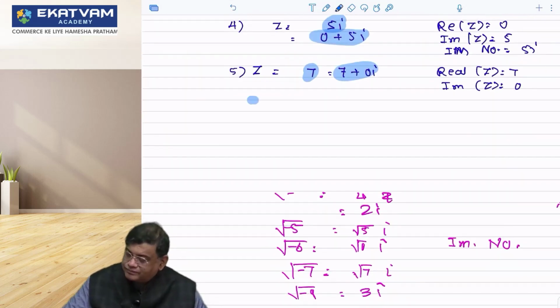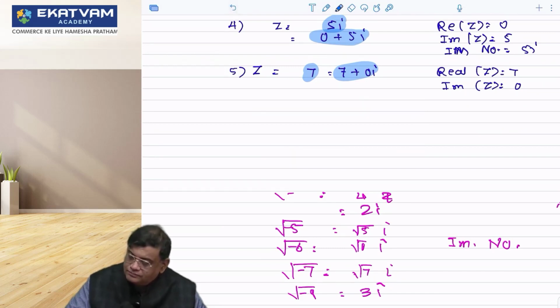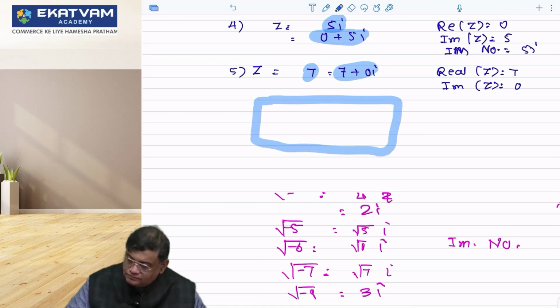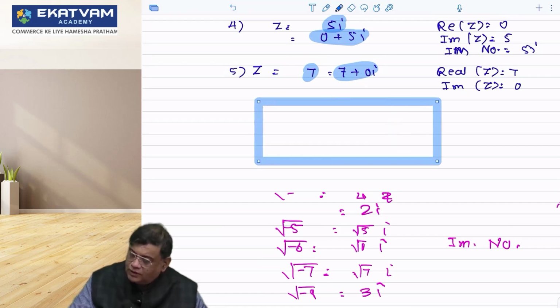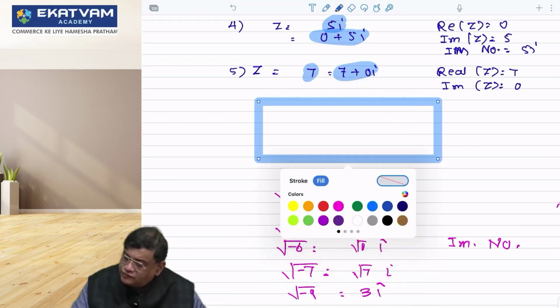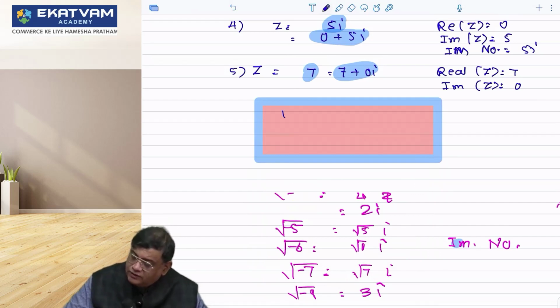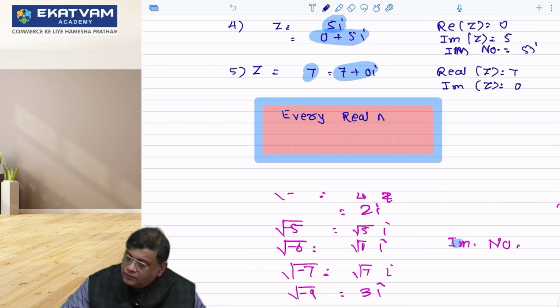Therefore, write down the note there. What note will you write, guess? Every real number is a complex number.